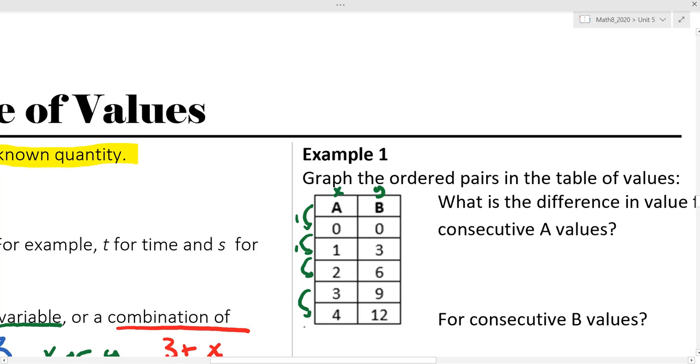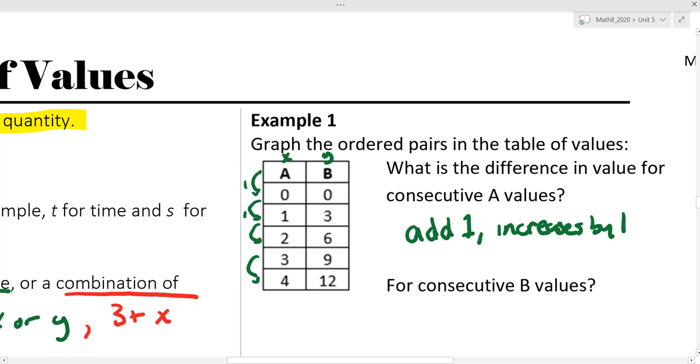So easy mark there, right? Write down either add 1 or increases by 1. Please tell me how it's changing.